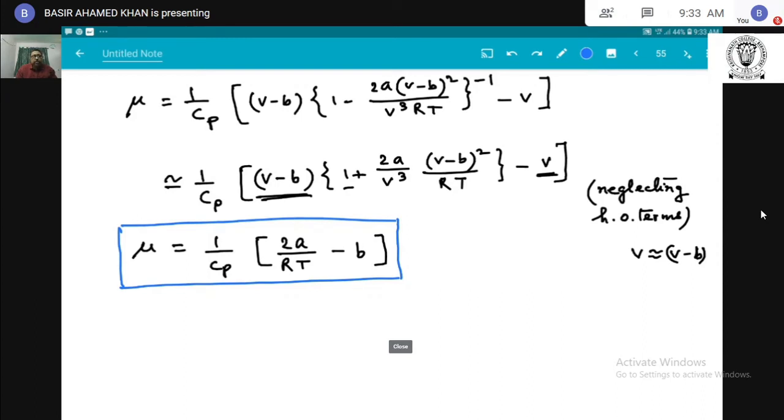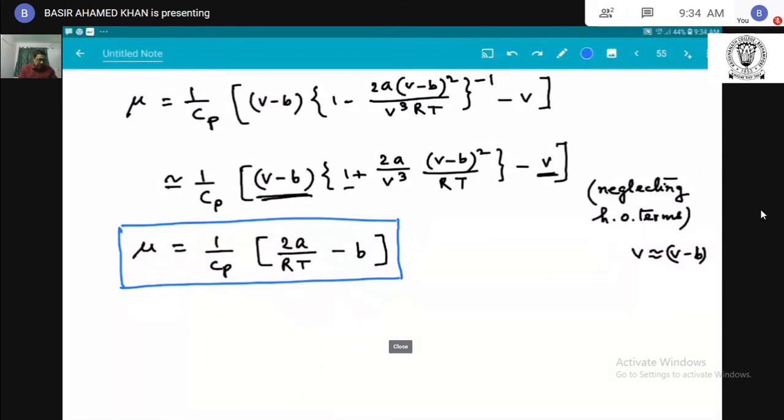When 2a/RT is less than b, then it will be negative, and after expansion the gas will be hotter. When 2a/RT equals b, the value of mu becomes 0. That means there is no temperature change in the Joule-Thomson experiment when mu equals 0.